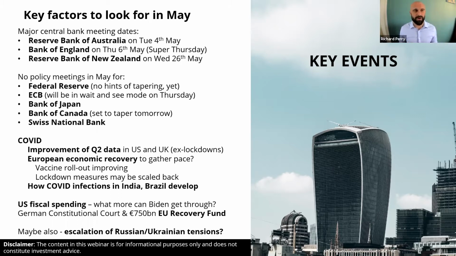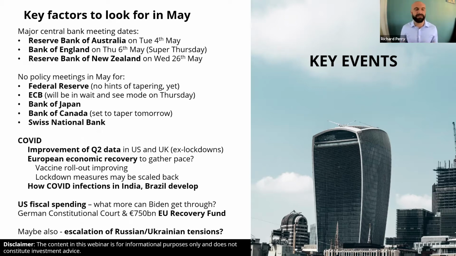US citizens are sitting on, I think, $2,000 worth of stimulus checks that they've been given through this stimulus package of President Biden. They're talking also about more infrastructure spending and economic realignment. So how that plays out, and whether more news flow on that has an impact on stuff like bond yields in May as well, will be interesting to see.